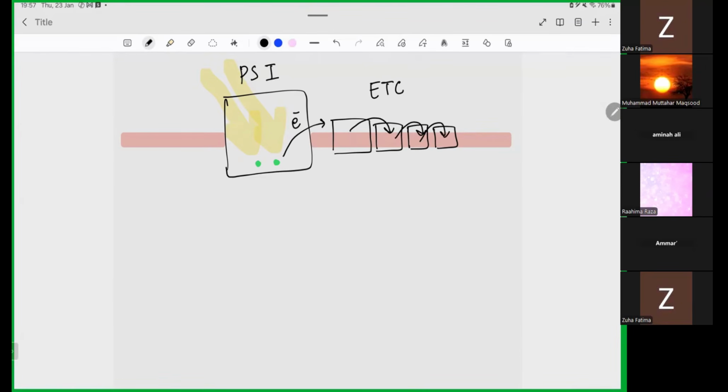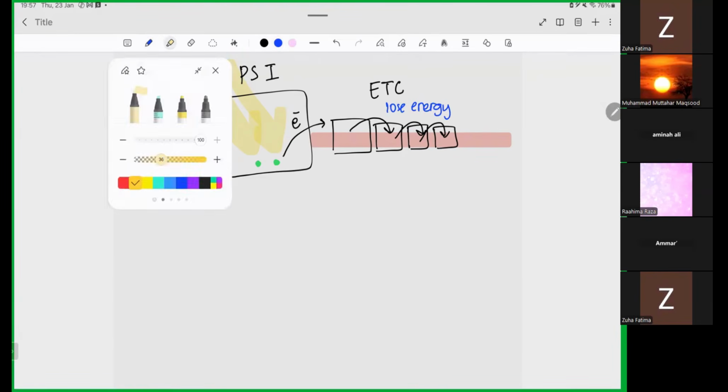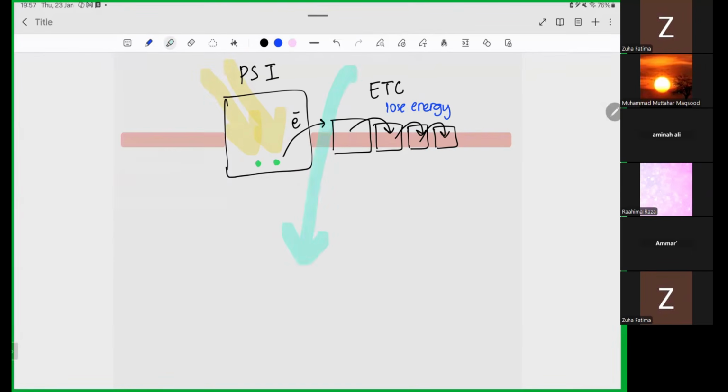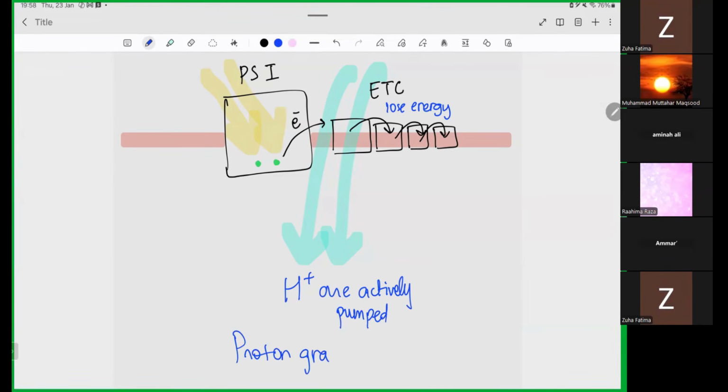In this process, they are losing their energy. That energy is utilized to actively pump hydrogen ions, due to which a proton gradient is established.